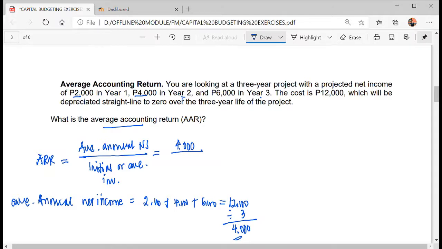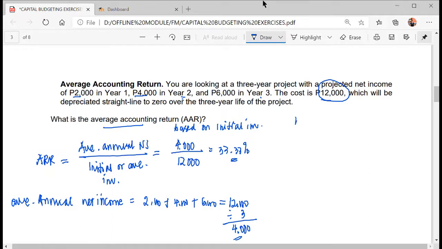So, based on initial investment, 4,000 divided by our investment here, the 12,000 cost. Divide by 12,000, that would be 33.33%. So that's our accounting rate of return.